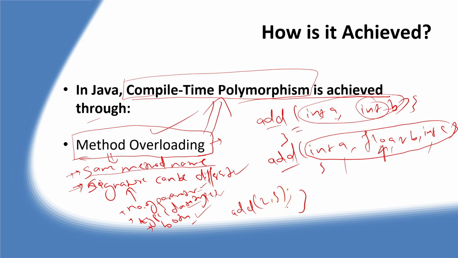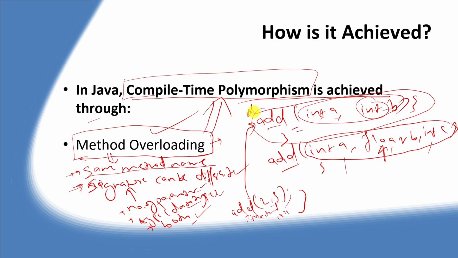Now tell me which method will be called. Here we have 2 parameters, right? In which method are 2 parameters there? This method. So this method call will call this method. This line is the method call, and this whole thing is the method definition.